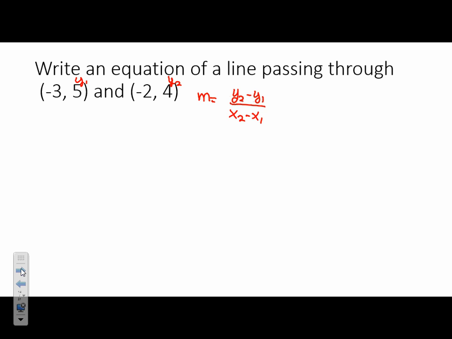So 4 minus 5 over negative 2 minus a minus 3. Yep, it's going to make it negative 2 plus 3. So 4 minus 5, negative 2 plus 3. So my slope is negative 1. Okay, do you want to use point slope form or do you want to use slope y-intercept form to write your equation?